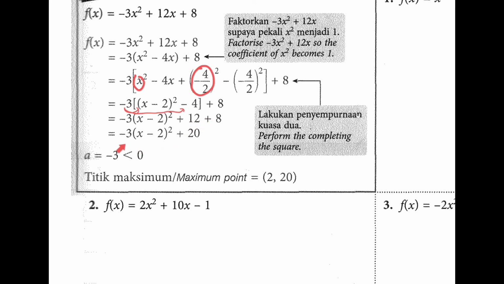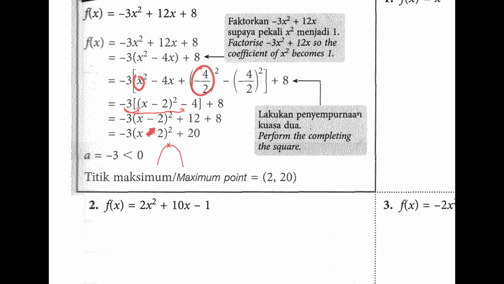So we get this form. This is vertex form. First you look at a. a is negative 3, less than 0. So you should expect the graph to be a sad face graph. So for a sad face graph, there is a maximum point.